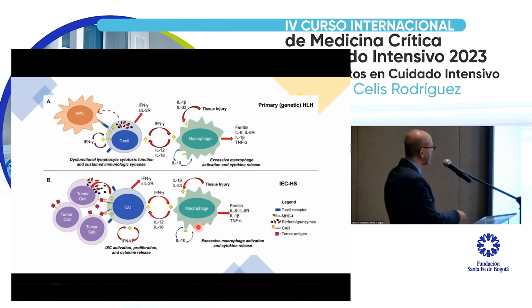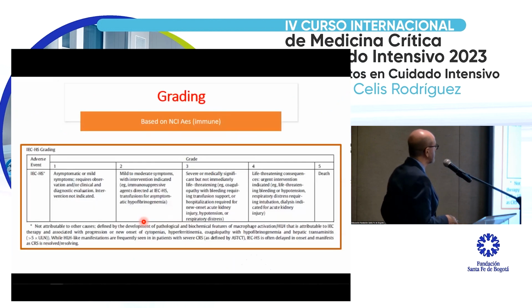Again, the same cycle, but the trigger was the immune effector cell. So basically you have a macrophage activation syndrome with certain other characteristics like all the dysfunctions that we just mentioned before. The grades are like we mentioned earlier, basically goes from grade 1 asymptomatic or mild symptoms to death.